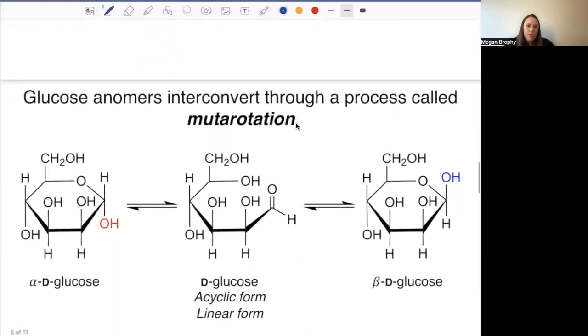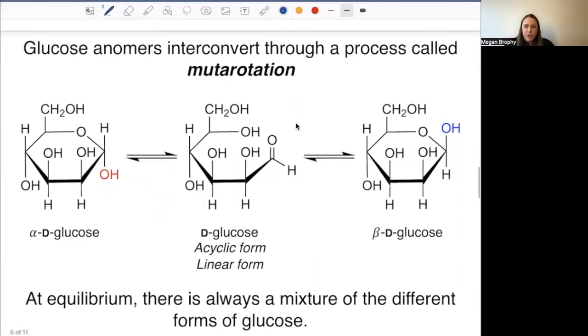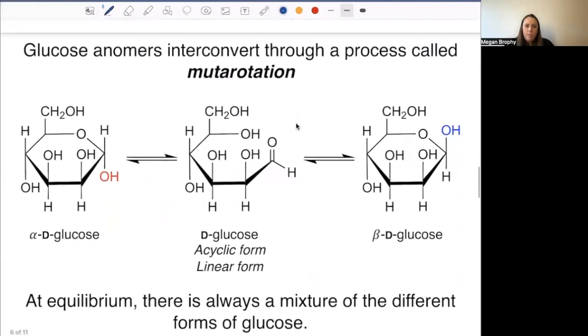So this is interconversion between the 2 glucose anomers. That's called mutarotation. So these are those Haworth projections I was talking about. So here, when the alpha D glucose, when the hydroxyl group is down, that's the alpha form.